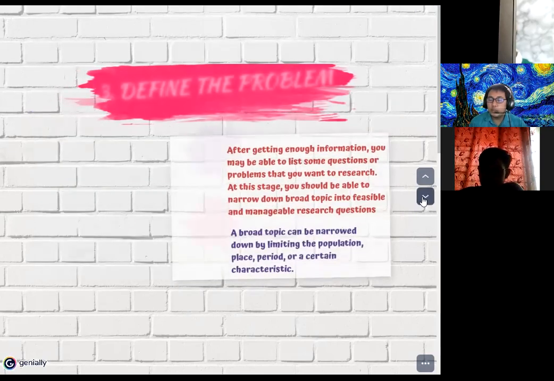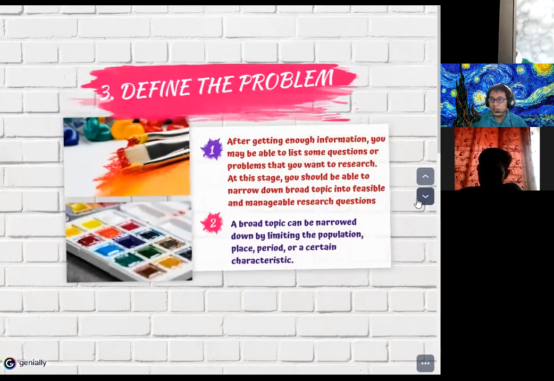From a broad topic, you will now come up with doing a preliminary research. As you do a preliminary research, siyempre makakabasa ka ng about that certain topic. May mga subtopics pa yun. So after getting enough information, you may be able to list some questions or problems that you want to research.